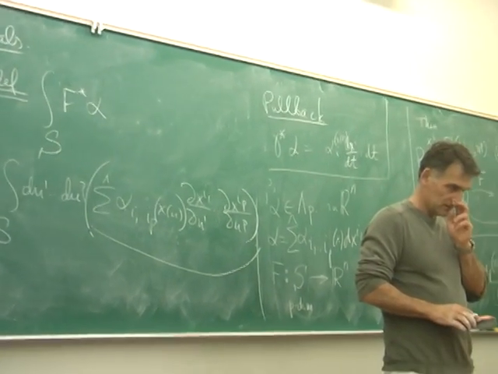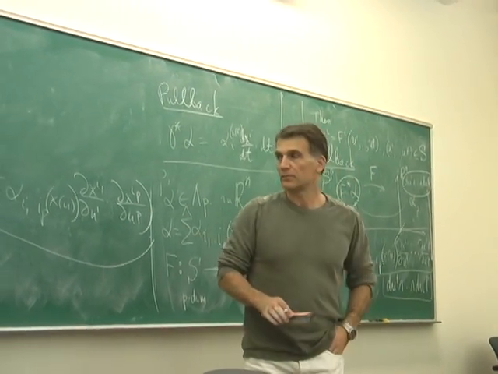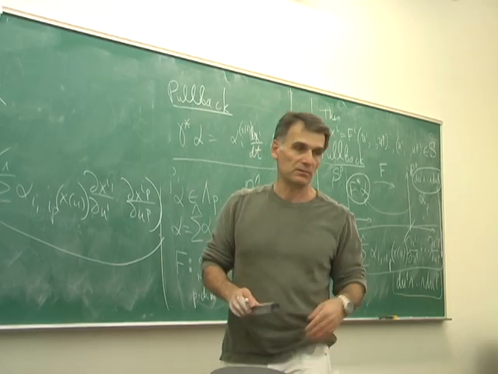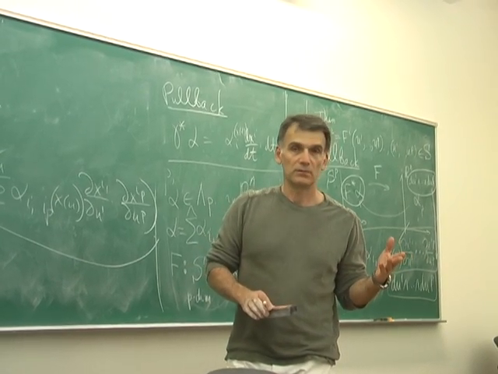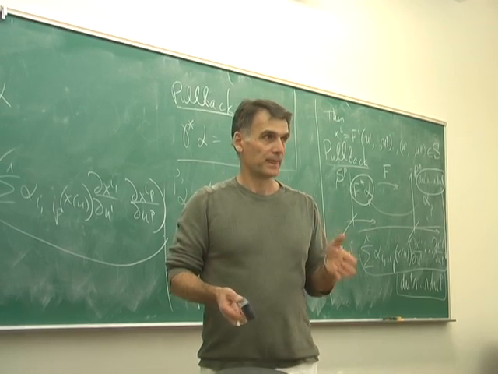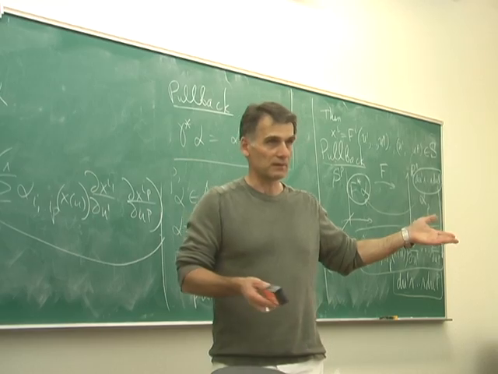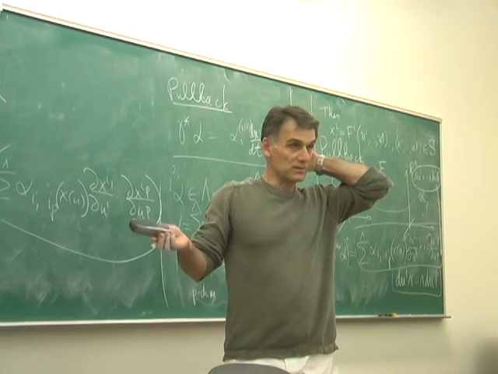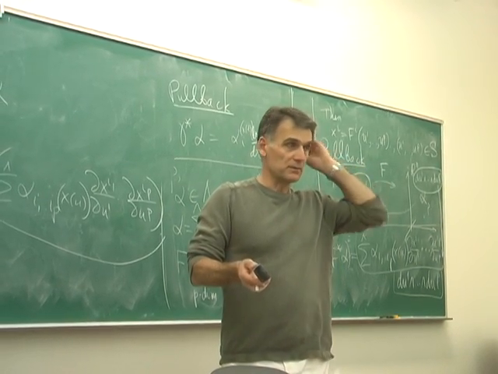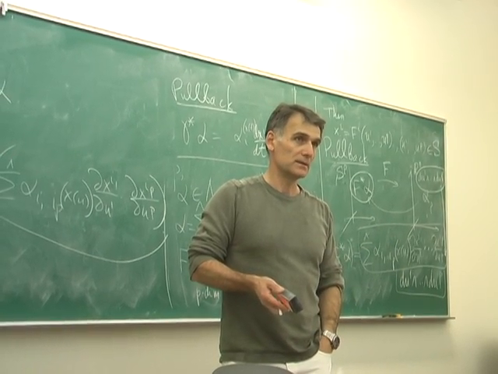Well, then what you would do is somehow reduce the rank of the form. You would contract some of these indices with vectors, and what remains you could integrate. But you'll get a p minus k form. Make sense? Yeah, that makes sense.